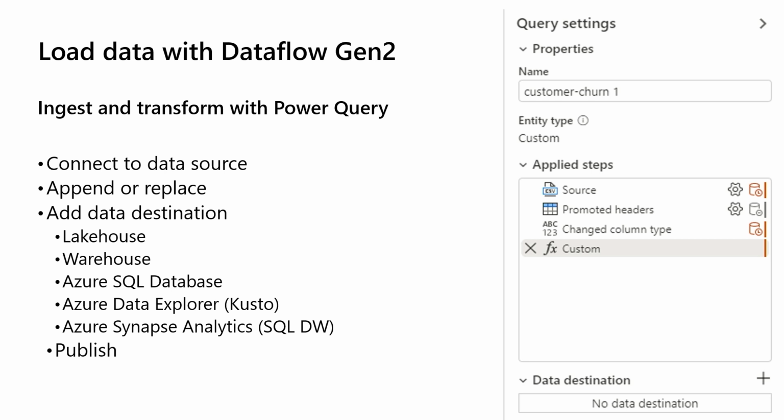Once connected to the data source, you can choose to either append new data to existing data sets or replace the existing data entirely. This decision depends on the nature of the data and the requirements of the analyst. After processing the data, you need to specify where the transformed data will be stored.